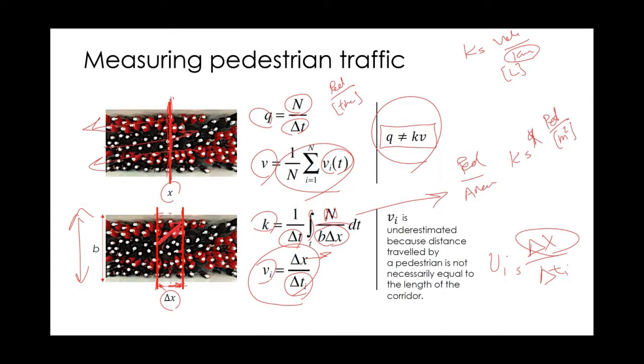So then this distance traveled, if I call this L, is larger than delta X, right? Because it has an angle. If L was totally horizontal, then L would be equal to delta X. But if pedestrians move a little bit to the left or to the right when crossing that area, L would be greater than delta X. So if we assume delta X is the same for every pedestrian, this way of calculating the speed of pedestrians is slightly incorrect, or has an error. Let's say it's underestimating the actual distance.